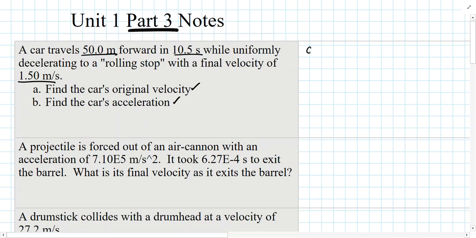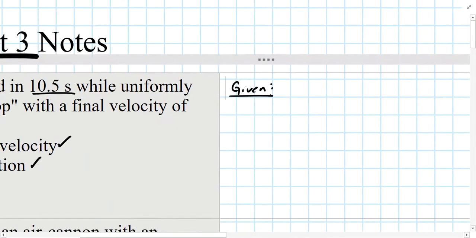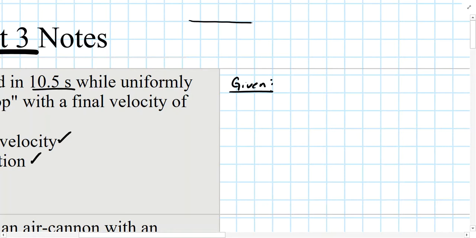So one of the things that I like to do first is list what's given. And the first thing that we have here is the number 50.0 meters. And so if we read the context surrounding that, it says a car travels 50 meters forward. So if we're imagining a car, and it sounds like this is a 1D problem, there's no mention of it going up or down. We've got a car that's traveling forward.